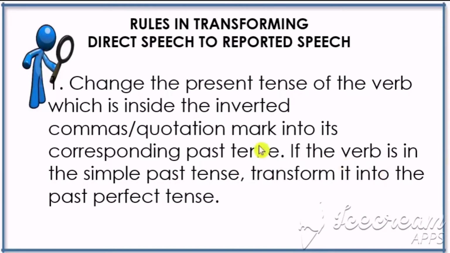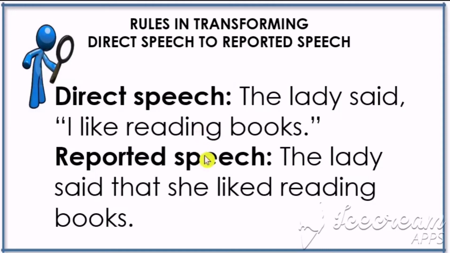If the verb is in the simple past tense, transform it into past perfect tense. So here is an example. Direct speech, the lady said, I like reading books. So what is the reported speech? The lady said that she liked reading books.